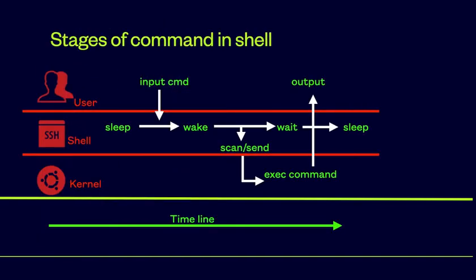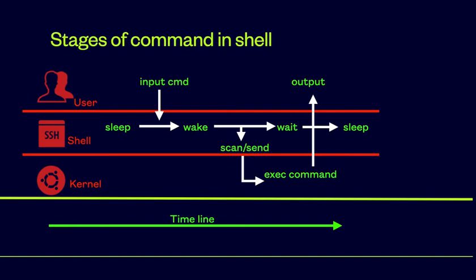To understand it a little further, let us see the stages of a command inside a shell. This is a timeline of a command when we run it in a Unix operating system. At the top is the user space, in the middle there is the shell, and at the bottom it's the kernel, or the operating system. Starting off, the shell is in sleeping mode, and when the user inputs a command, it wakes up and scans it.